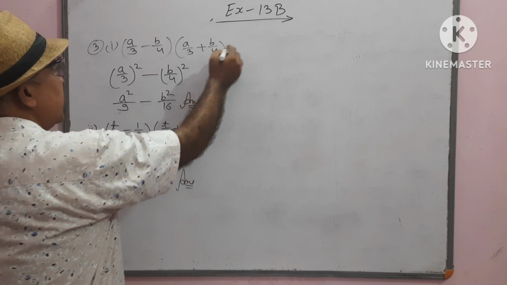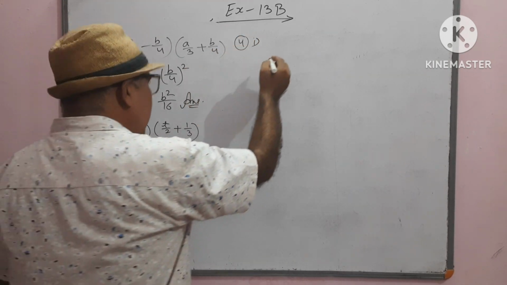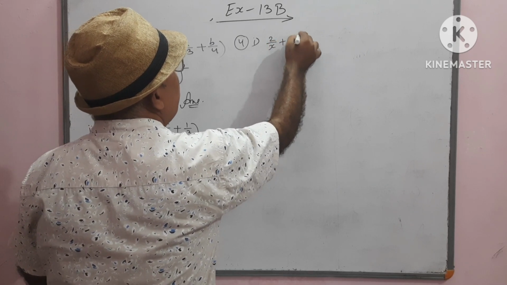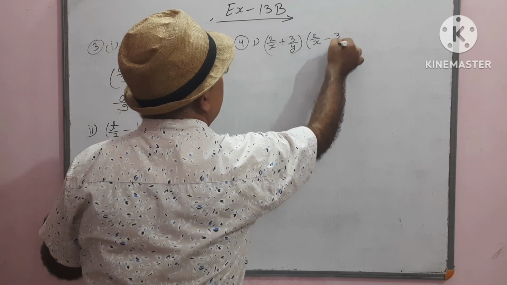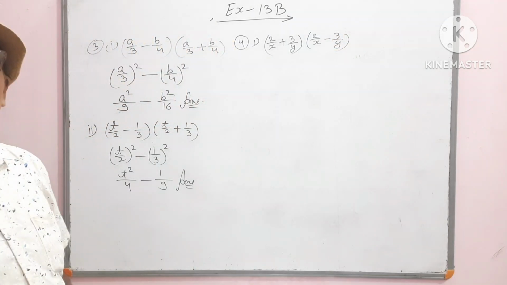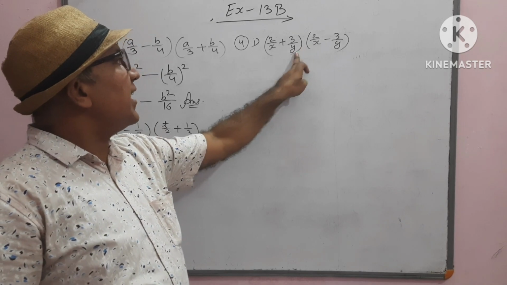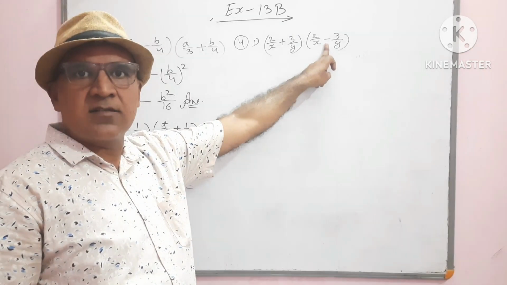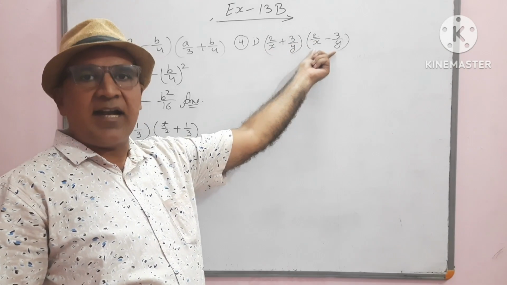Okay. Now next part. Now your next question is there. Question number 4, part 1 is 2 by x plus 3 by y into 2 by x minus 3 by y. Again 2 by x, 2 by x, 3 by y, 3 by y, in one bracket plus, in one bracket minus. So again our question is looking like a plus b into a minus b.